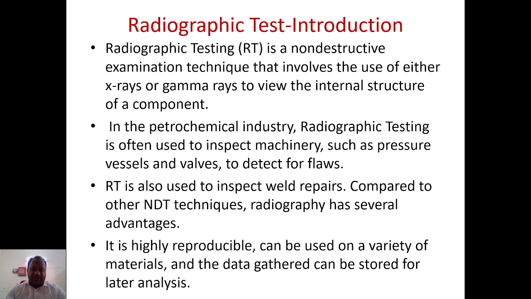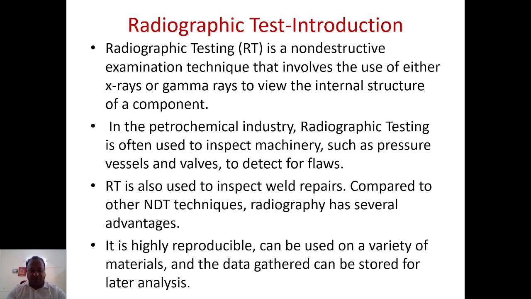Only X-rays and gamma rays are used to view the internal structure of the component. In the petrochemical industry, radiographic testing is used to inspect machinery such as very high pressure vessels and valves, to detect flaws. It is also useful for weld repairs. Compared with other NDT techniques it has several advantages.